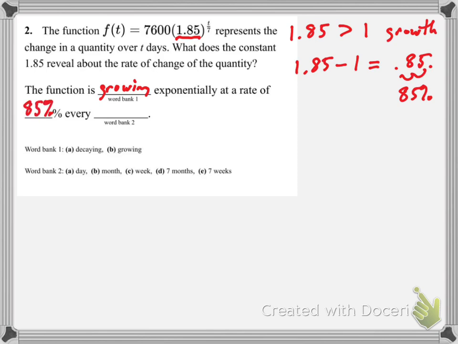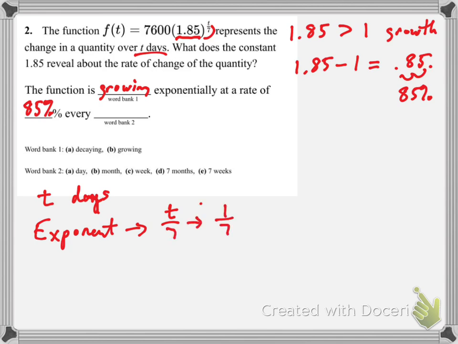Okay, now take a look at the exponent. By the way, t days. So we're in t days. Okay, so our exponent is t over 7, which, by the way, is the same as 1/7 t.